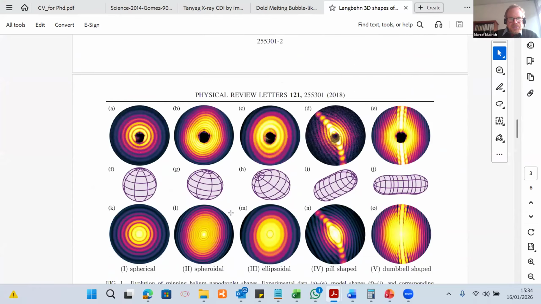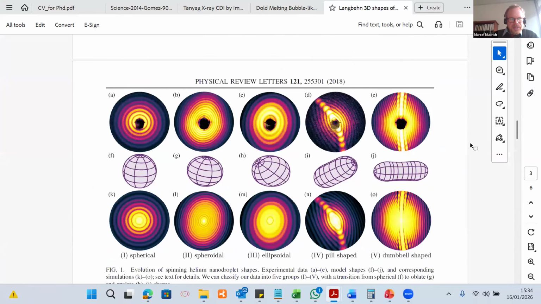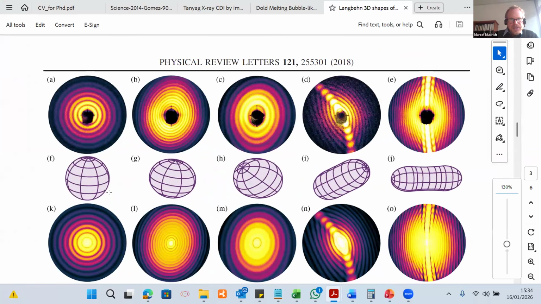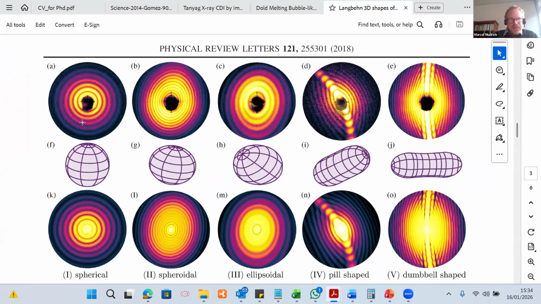So the spatial resolution is, of course, not that high, but here they saw these mostly spherically shaped helium droplets, but on some occasions also these prolate and even dumbbell-shaped helium droplets.